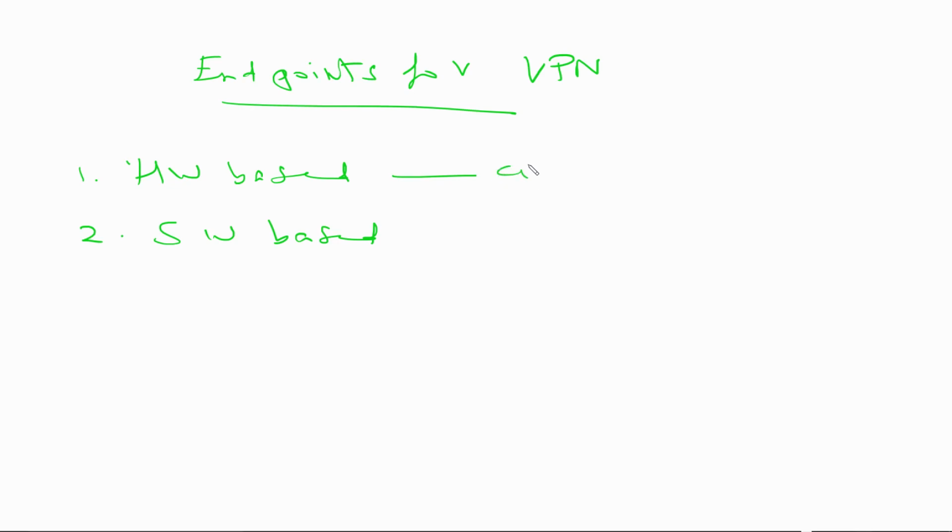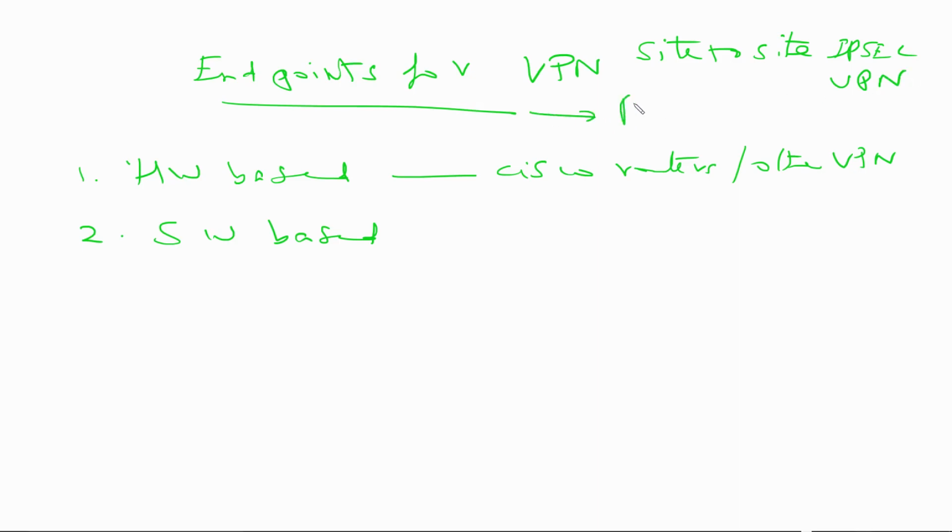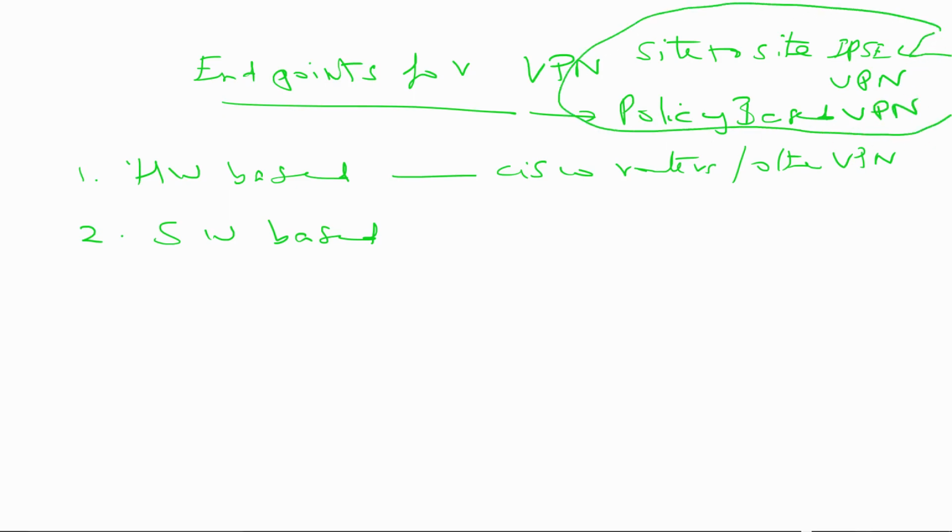So you can have Cisco routers, hardware, other routers supporting VPN. The kind of VPN we are looking at is a site-to-site IPsec VPN, also known as policy-based VPN. So you could Google this on INE and check out how to set up VPNs.